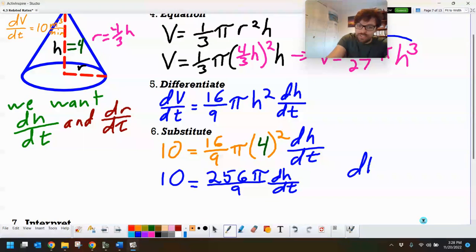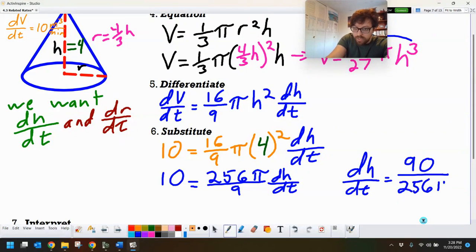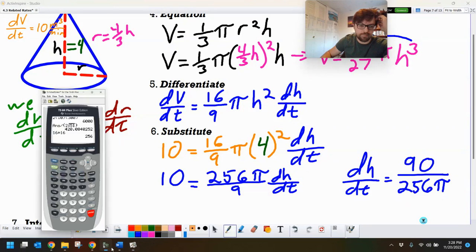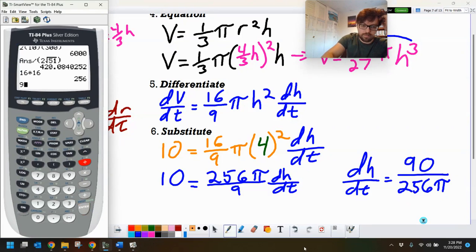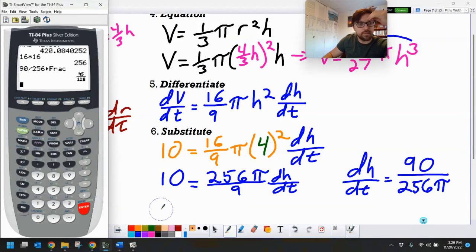So dh over dt equals 90 over 256 pi. Can we simplify that a little bit? Yeah. 45 over 128. Cool.